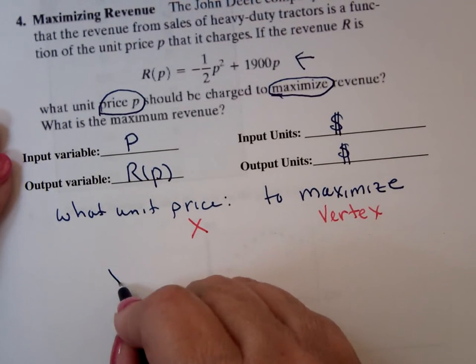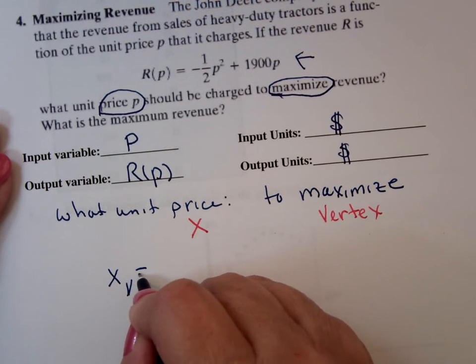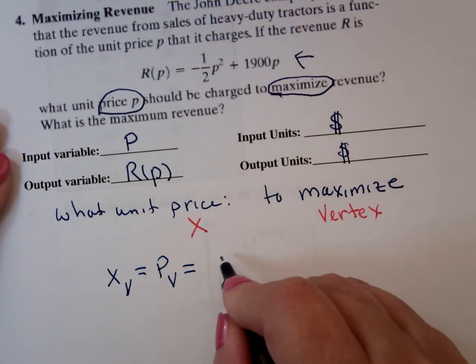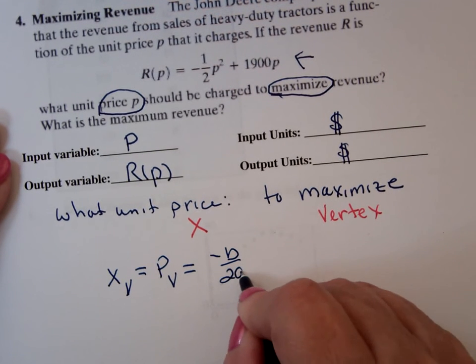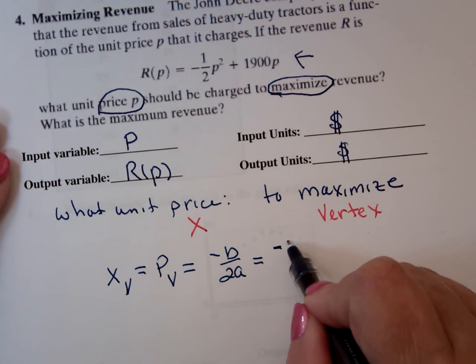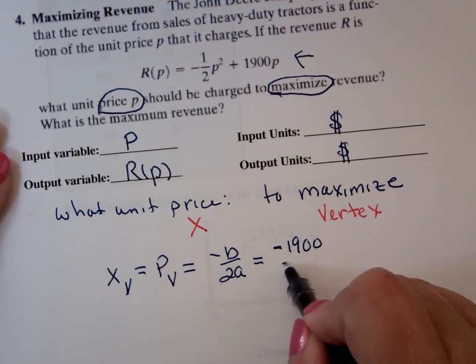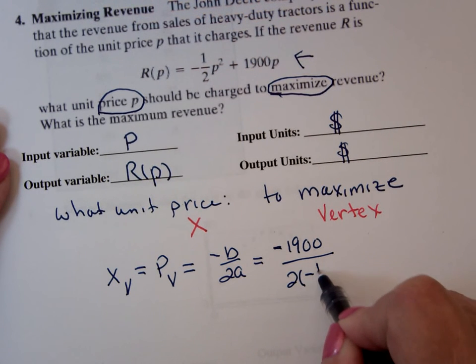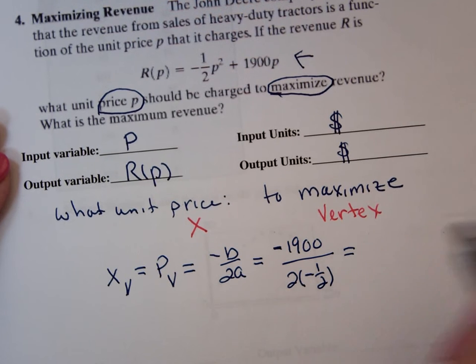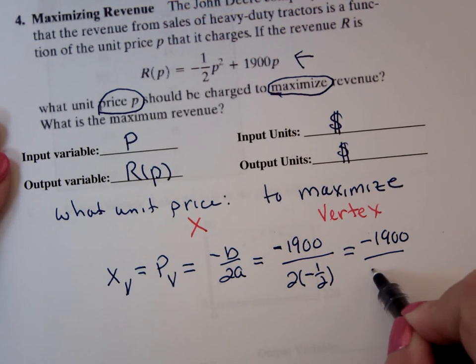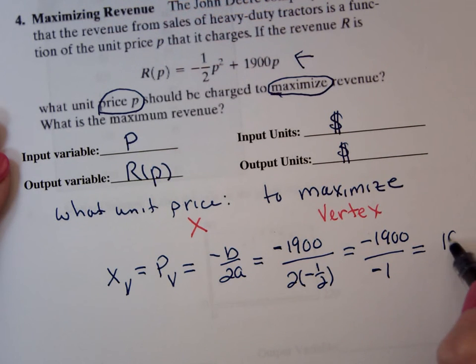The x-coordinate of the vertex, which in this case is P sub V, the price, is minus b over 2a, and b is 1900, so it's minus 1900 over 2 times a, which is minus 1/2, which is minus 1900 over minus 1, or $1,900.